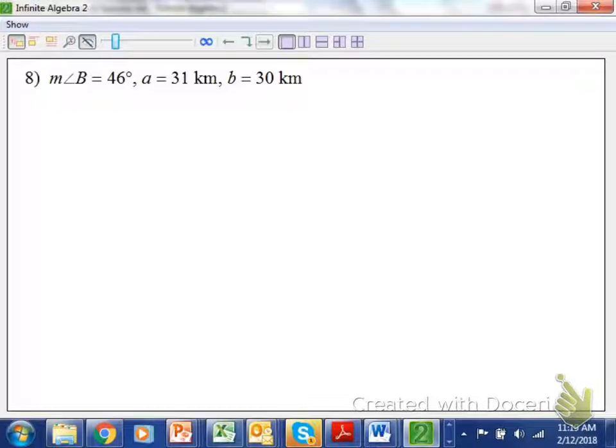Again, we're not given a triangle, so we're going to draw one. Here we go, draw a triangle. Triangle ABC, just a generic triangle. We don't have to make it to scale. If you wanted to, you could. When you have a second triangle, the drawn triangles are going to become our guides.